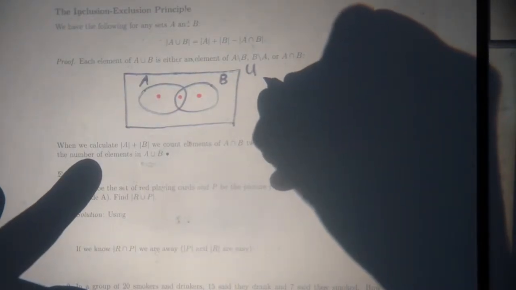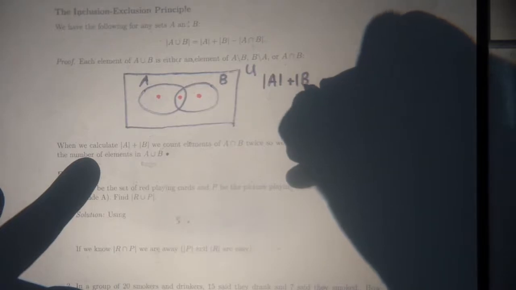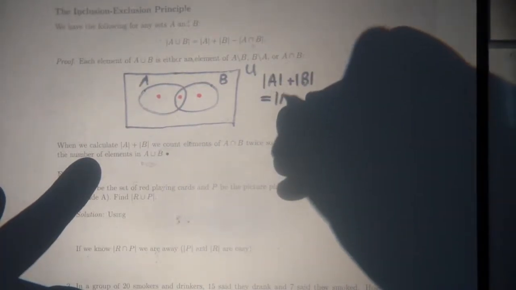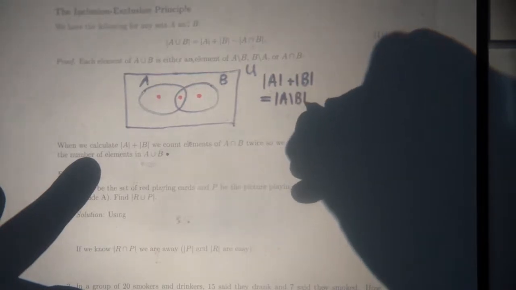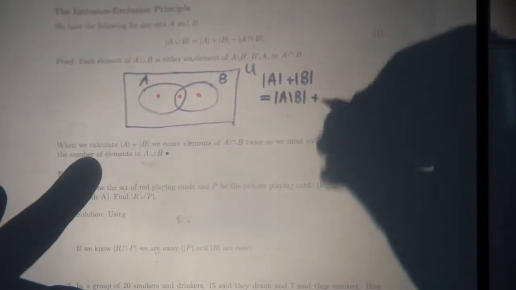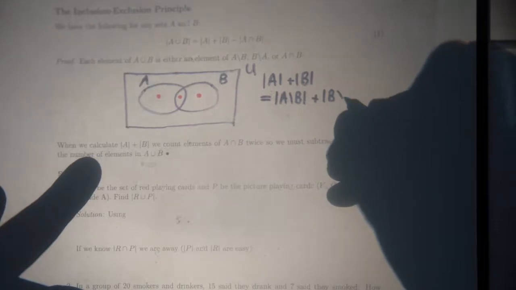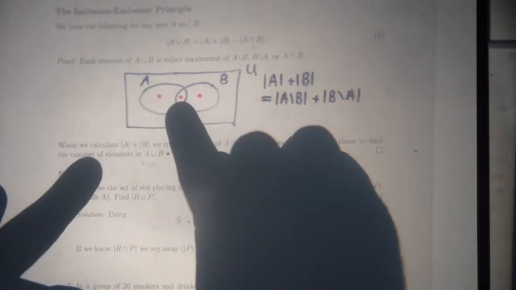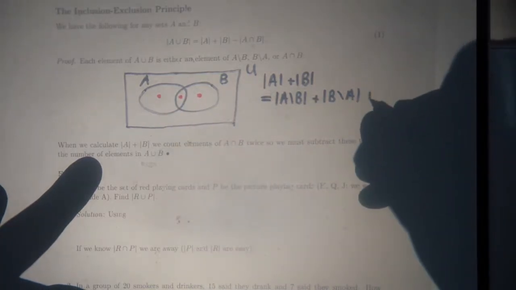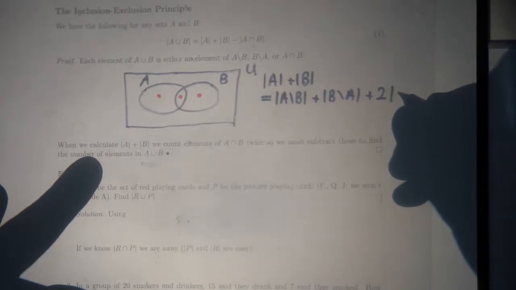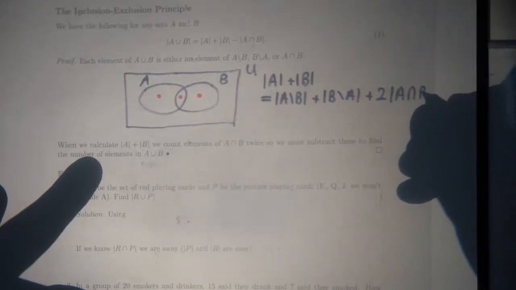So if you count the elements of A plus the elements of B, you will get the number of elements in A without B plus the number of elements in B without A, but you will count this twice. You'll count it once when you're counting A and a second time when you're counting B, so you'll have plus twice the number of elements in A intersection B.